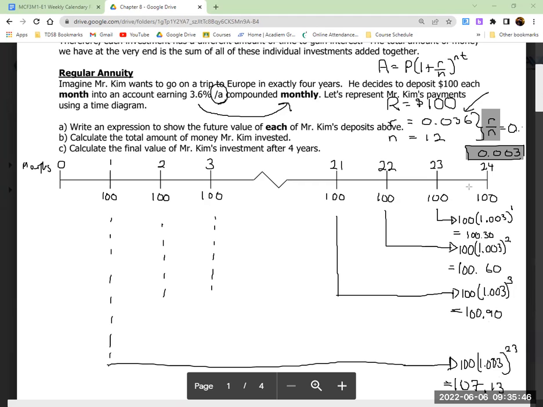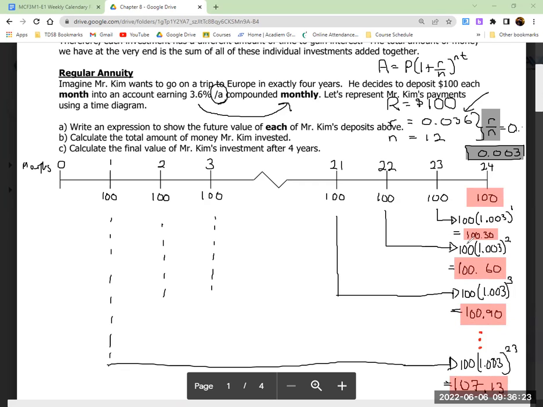What are we doing here? What are we trying to do? What we are trying to do is figure out how much all of this will add up to. What is the total amount of my investment if I were to start an exponential growth every single month, starting with $100? Do you want to calculate every single one of those individually?